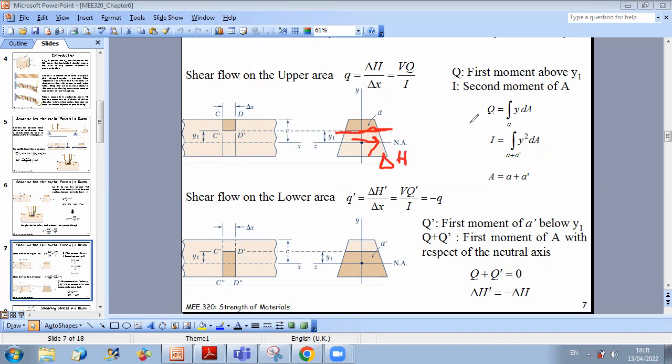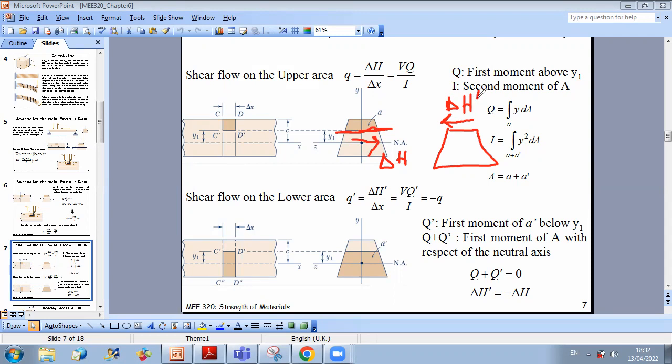If you take the lower part and represent it, by action-reaction the force developed will be in the opposite direction. So you will have delta H, but like this. So this is delta H prime. Delta H prime is equal in magnitude to delta H but has the opposite direction.